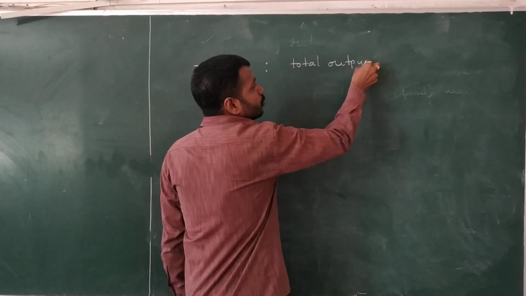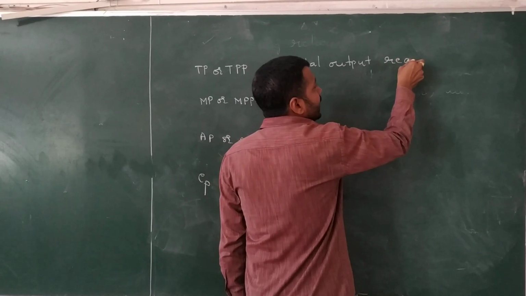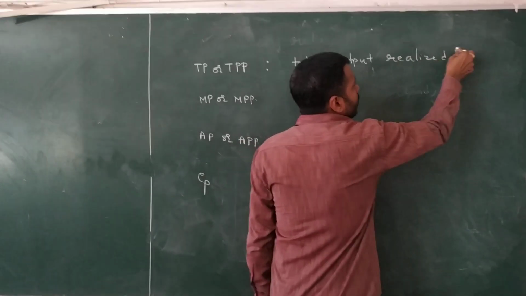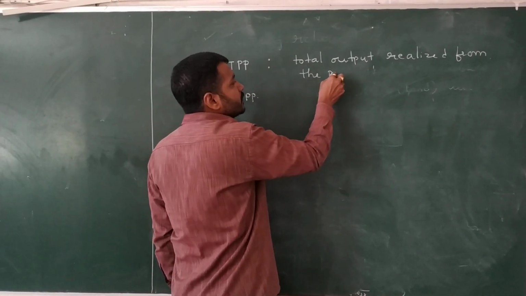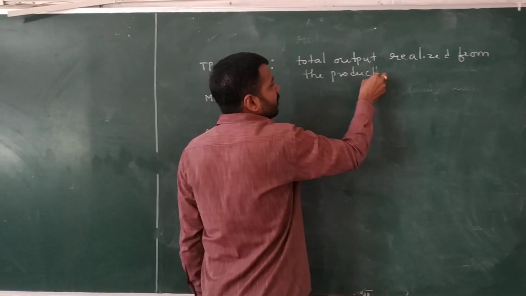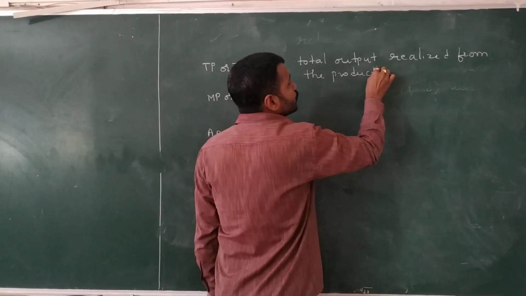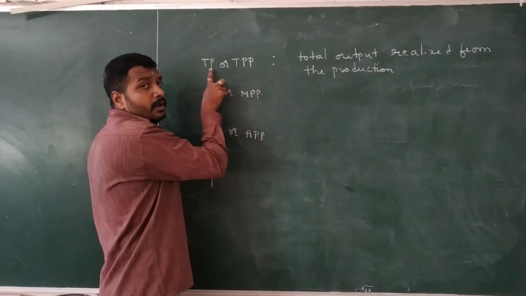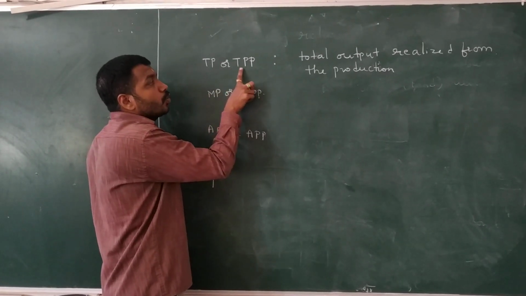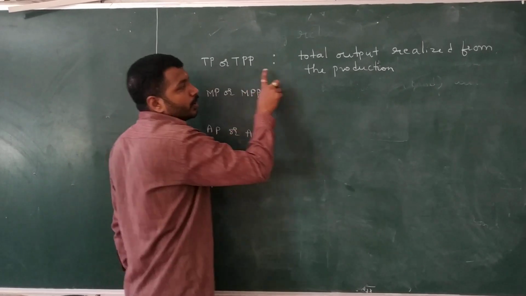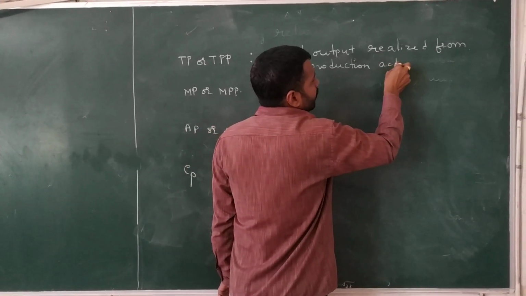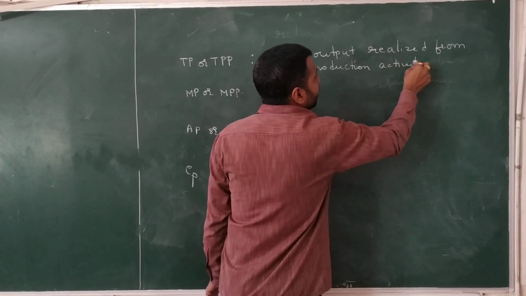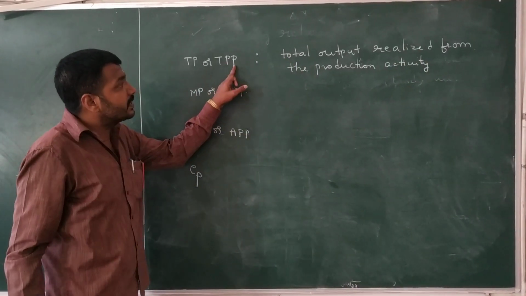It is the total output realized from the production process. Supposing you take up any production activity, the resulting output is the total product, or it is also called total physical product. Is it clear why it is called total physical product?